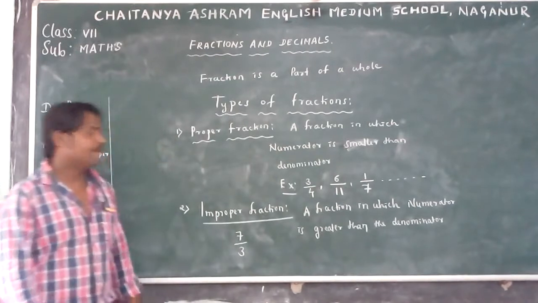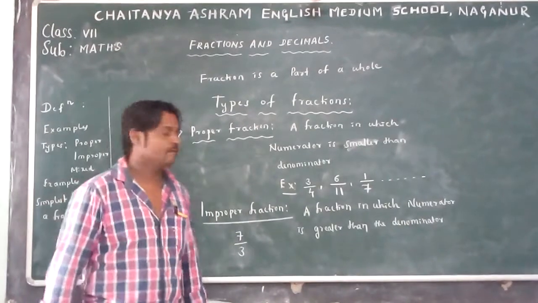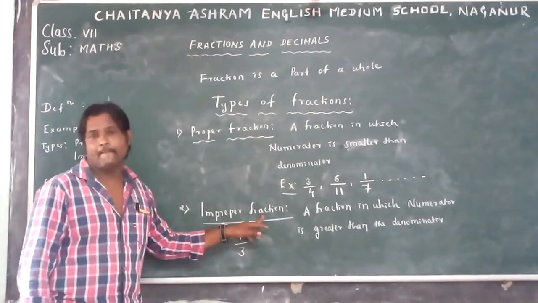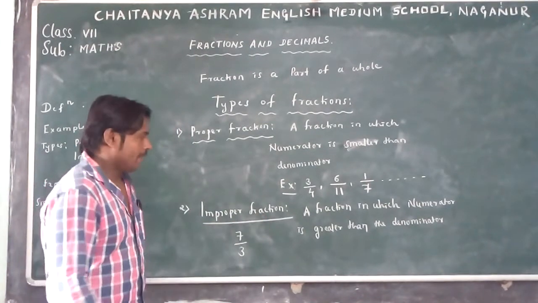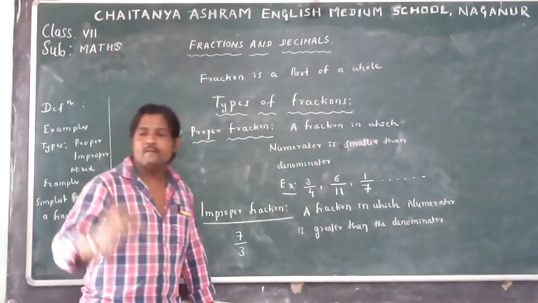Numerator is greater than denominator. Such fractions are called improper fraction. Give me examples for improper fraction.